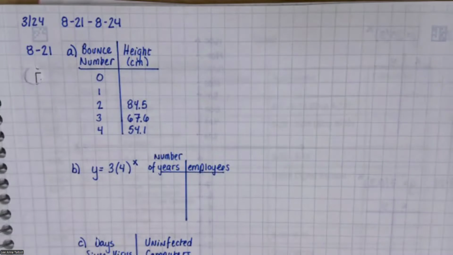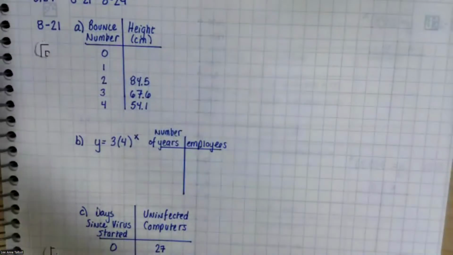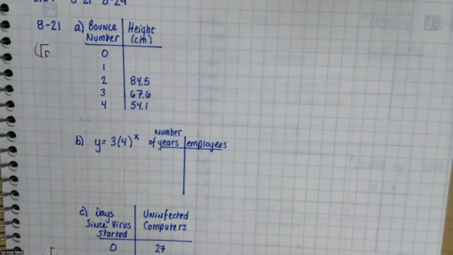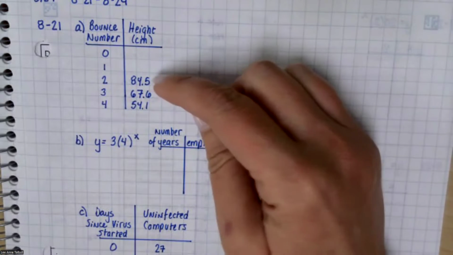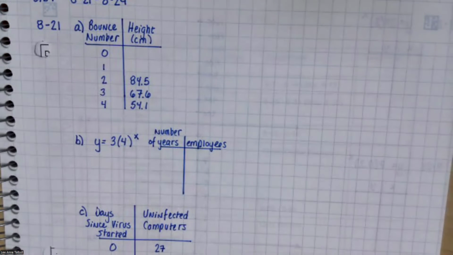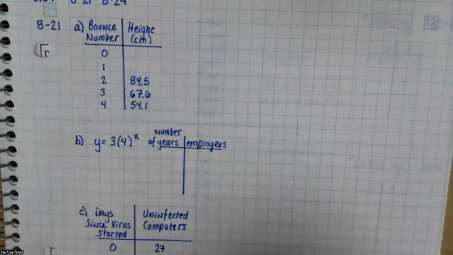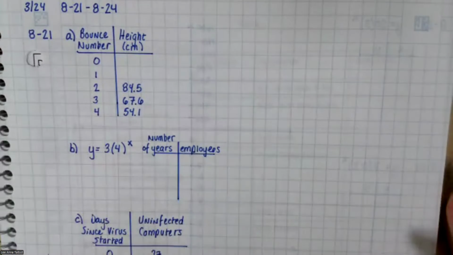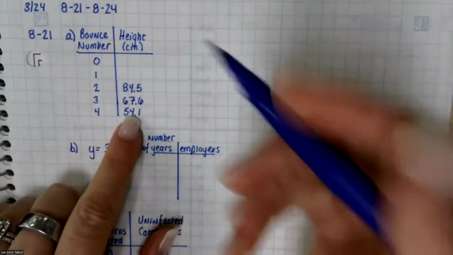Okay, so hopefully you guys already wrote this down. And when they ask what the rebound ratio of the ball is, they're asking, what do I multiply by this to get this? Okay, and for the multiplier, when it's not a sequence, we use b.